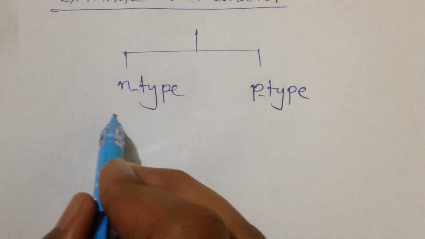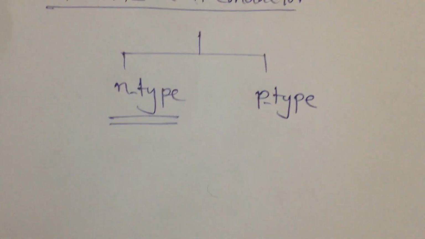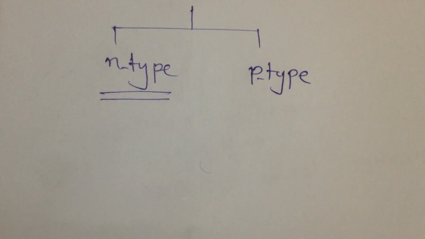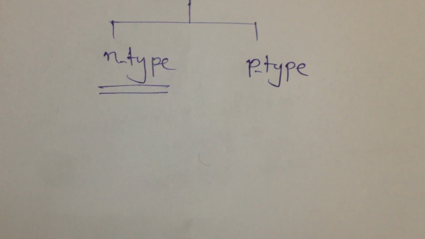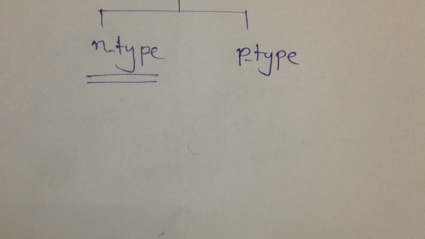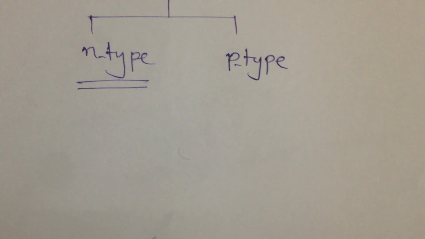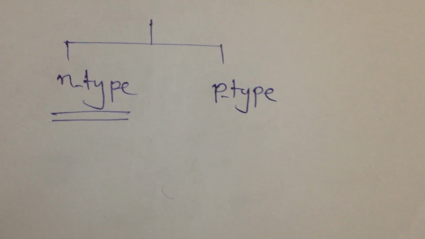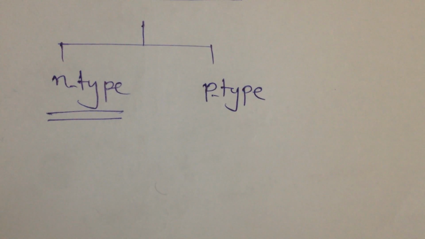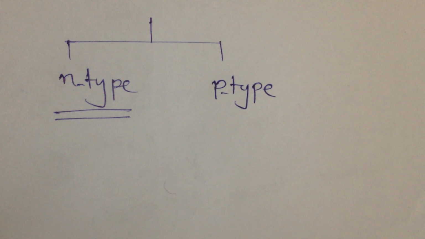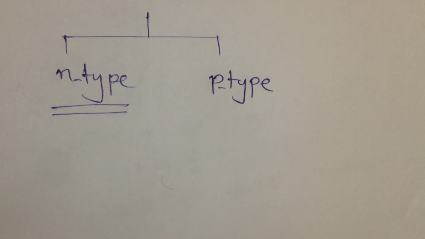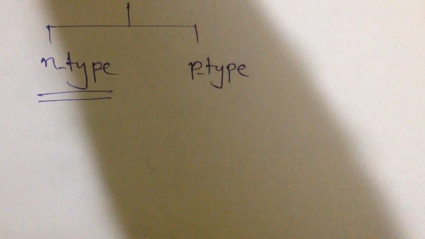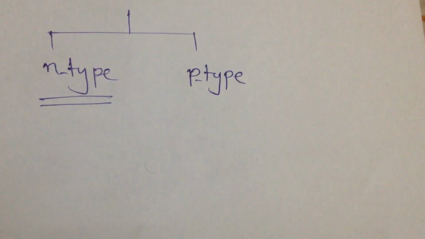Let us first discuss the N-type semiconductor. N-type semiconductors are those where we add pentavalent impurities. That means we add a material that has 5 valence electrons to the intrinsic semiconductor, and it becomes an N-type semiconductor.